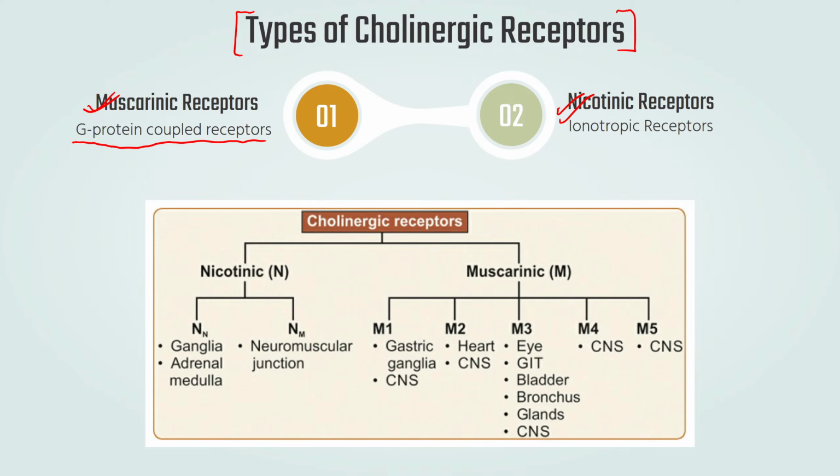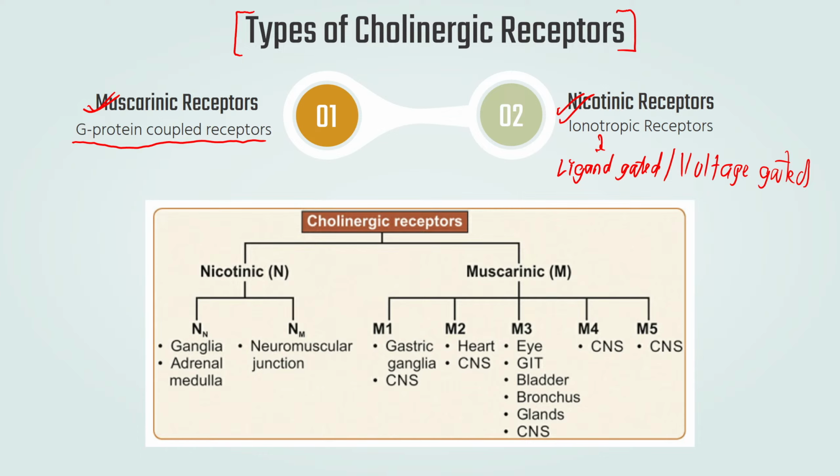Ionotropic means ion linked, either ligand gated or voltage gated. We will cover this in the general pharmacology class when we start full-fledged classes. So don't worry, we will explain all the types of receptors to you.